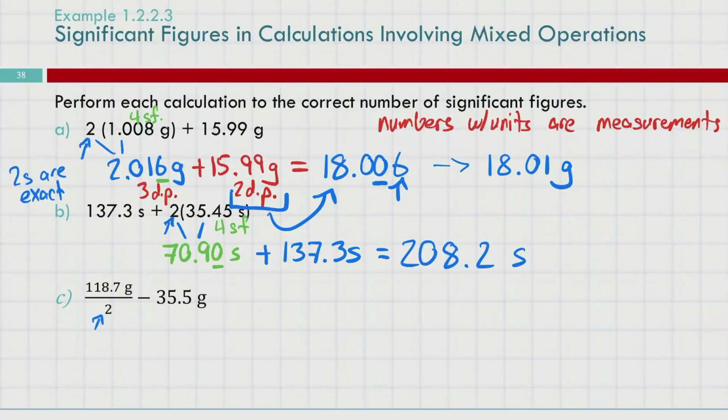Is that the correct answer to report? Yes, that's the correct number to report. 2 decimal places, 1 decimal place. We want to give our answer with 1 decimal place. Our calculator conveniently dropped the 0 that would have shown up after that 2 if we had done it manually.